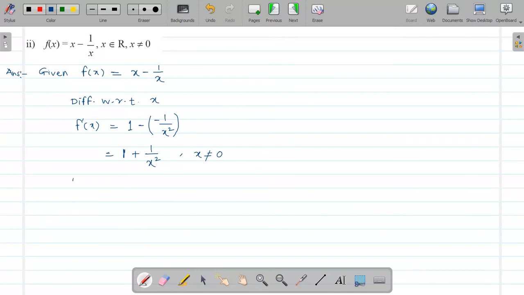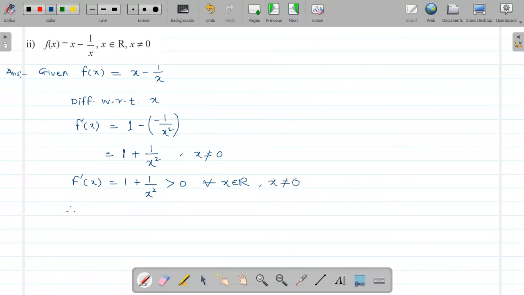So totally you can say that this f dash x, which is 1 plus 1 upon x square, is always positive for all x belongs to R, because we have to decide for x belongs to R, where x is not equal to 0.